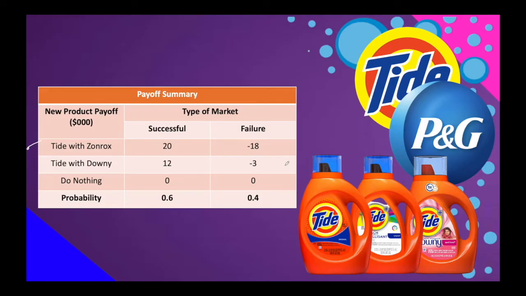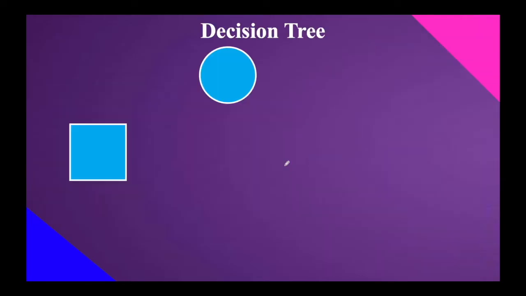How do we connect it? Many get confused here. We just connect it to the center of the square. Let's say it's straight, the pen keeps slipping. Then we connect it. Okay, so this is our first branch, and this is Tide with Sunrocks.